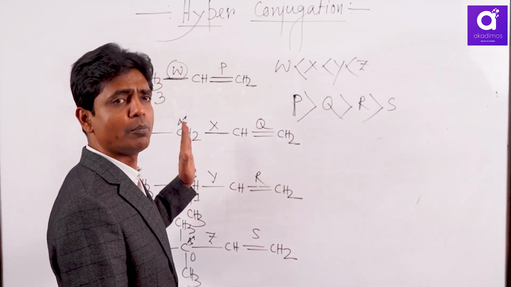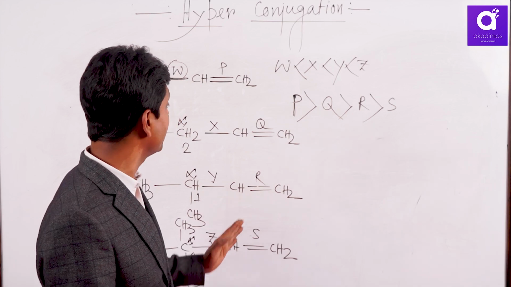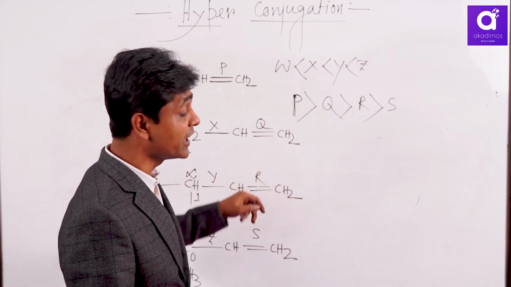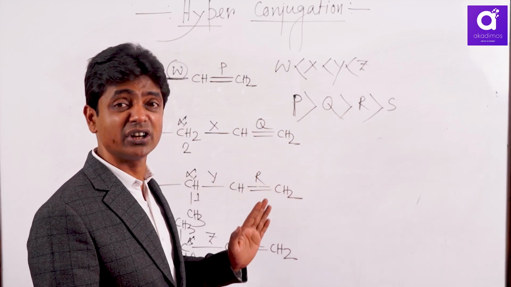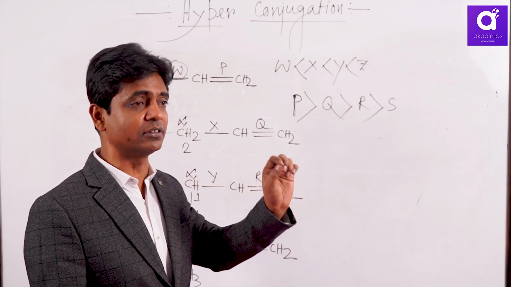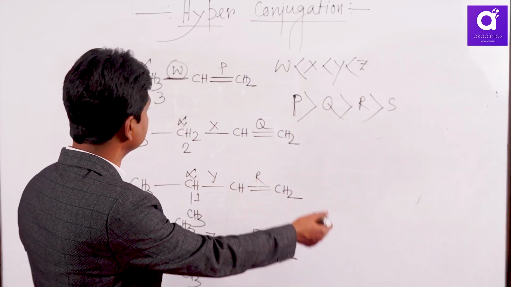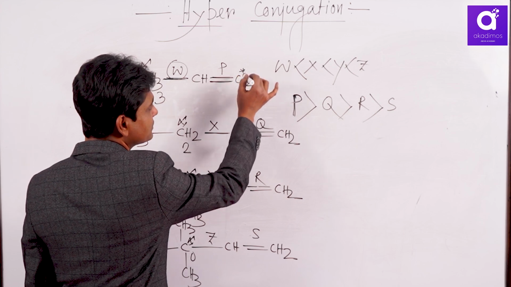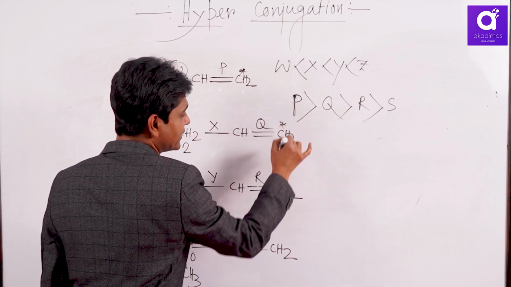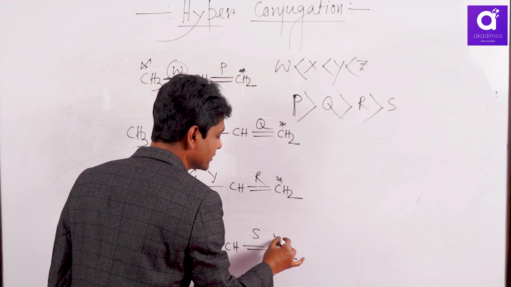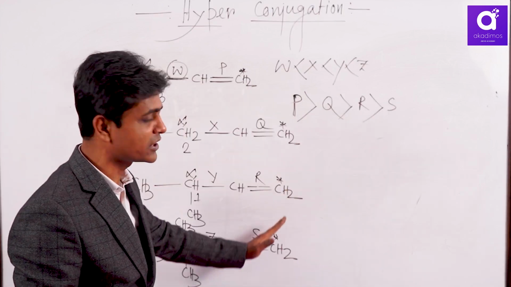If this effect operates on the system, remember, you will also get an idea about the electron density on a particular carbon. Another part. This is a carbon. Another. The electron density of these 4 carbons is not the same.